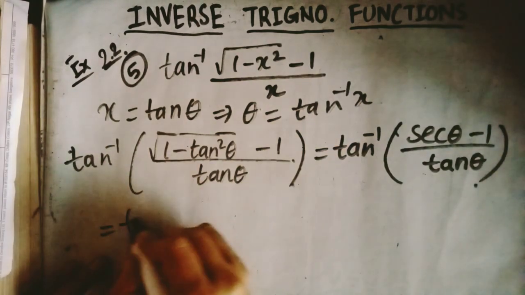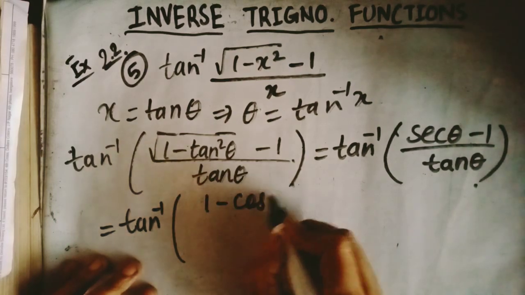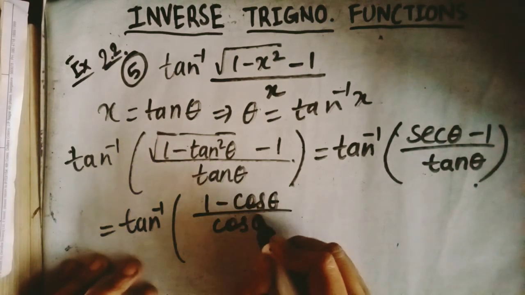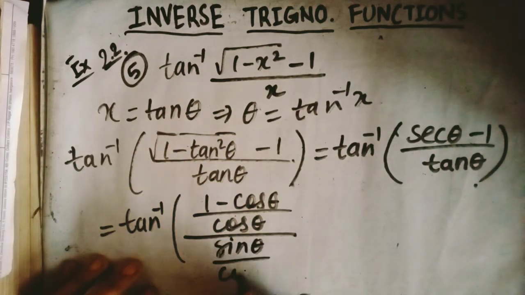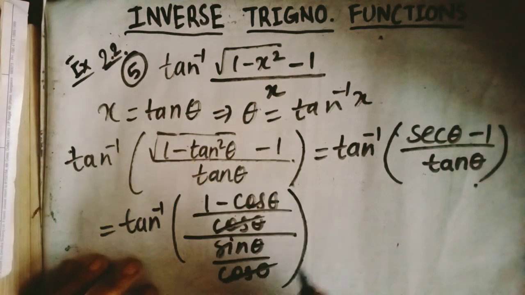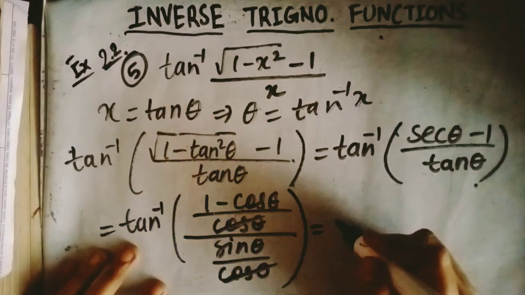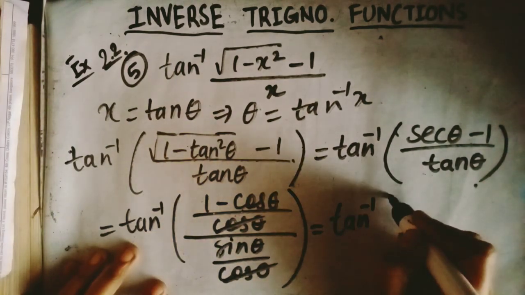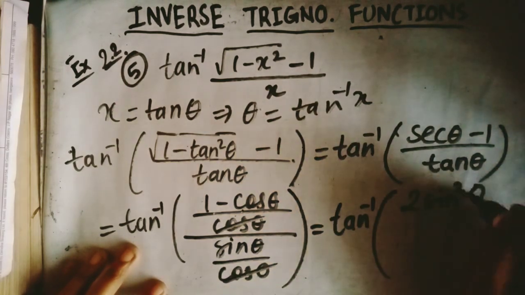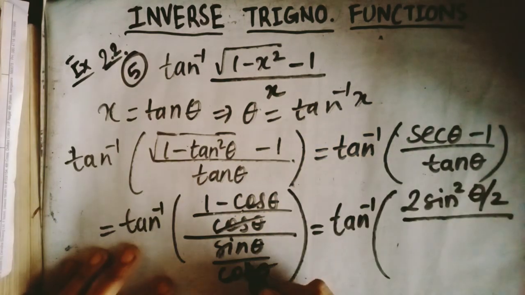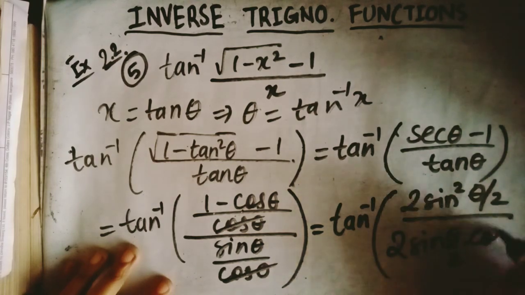Now sec theta we can write as 1 upon cos theta, so 1 minus cos theta upon cos theta, cross multiplying, and tan theta is sin theta upon cos theta. We have used this because we want to use the half angle formula. So tan inverse of 1 minus cos theta, using half angle, you will get 2 sin square theta by 2, and sin theta you can write as 2 sin theta by 2 into cos theta by 2.